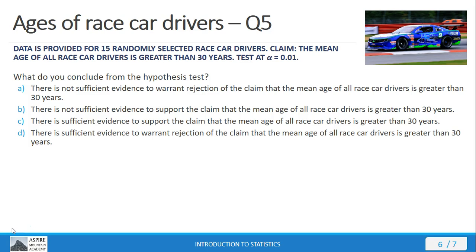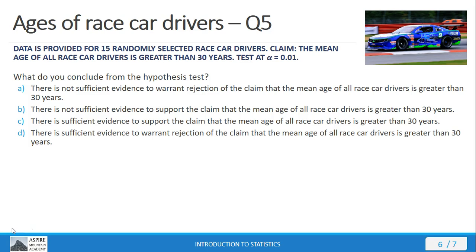Okay, here we go. So what conclusion did you make? Well, first of all, did we reject the null hypothesis or fail to reject the null hypothesis? Well, you should recall that we failed to reject the null hypothesis with that 1% level for alpha. So therefore, we fail to reject the null hypothesis means that there's not sufficient evidence.